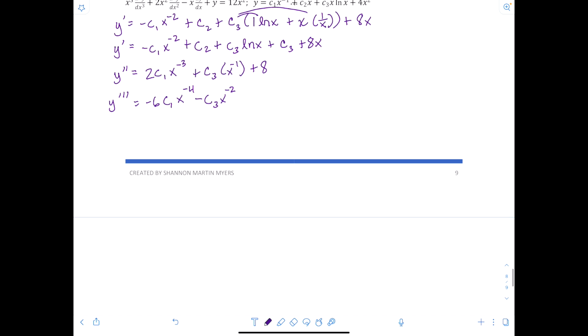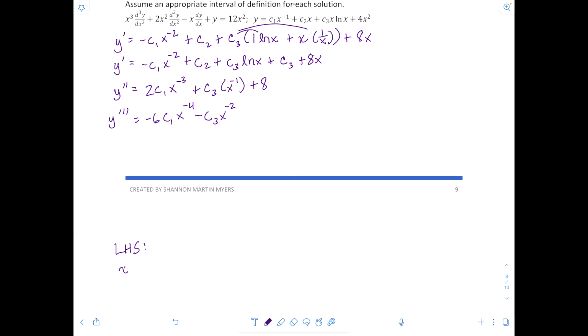So the left-hand side of our differential equation is x cubed, the third derivative. So we're going to put in negative 6c1 x to the negative 4 minus c3 x to the negative 2. So my third derivative is going in here. All right, plus 2x squared times our second derivative.